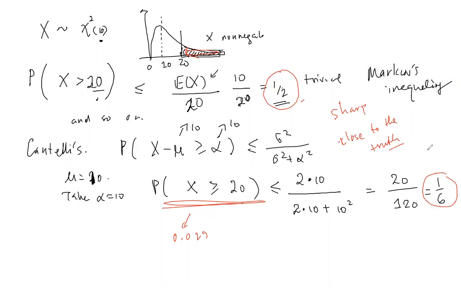So what is 1/6? 1/6 is half of 1/3, right? 1/3 is 0.333 something, so half of it is 0.167. Correct.